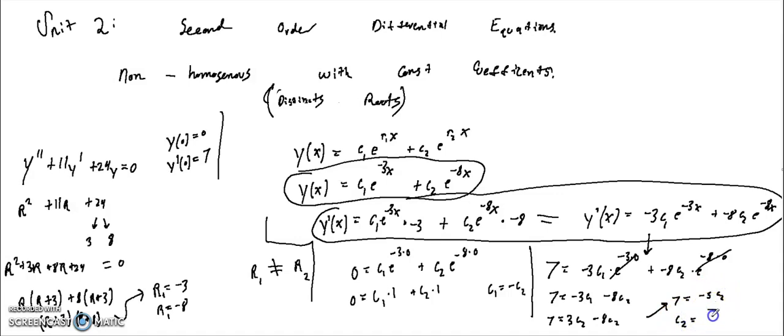c2 equals negative 7/5. And therefore, if c2 is negative 7/5, then negative negative is just positive, so c1 is 7/5. So those are our constants. Let me just double check with my notes, make sure I didn't make any errors.